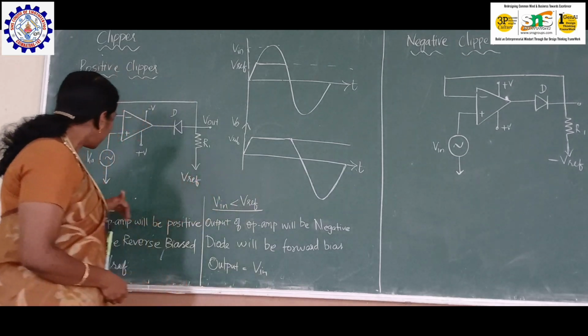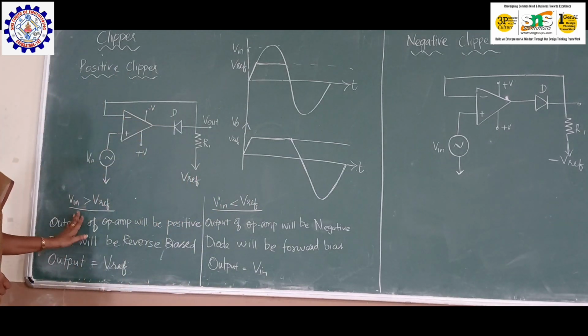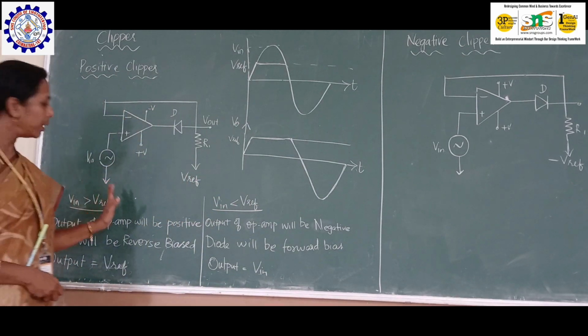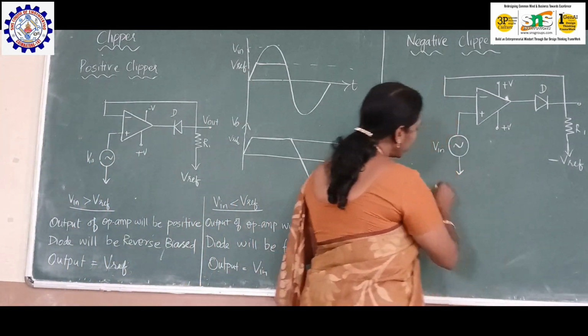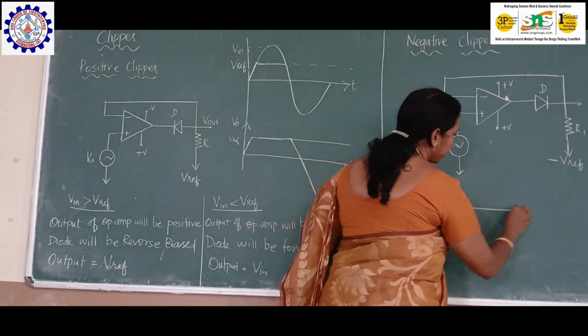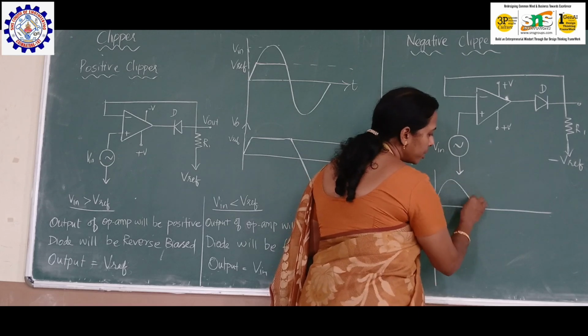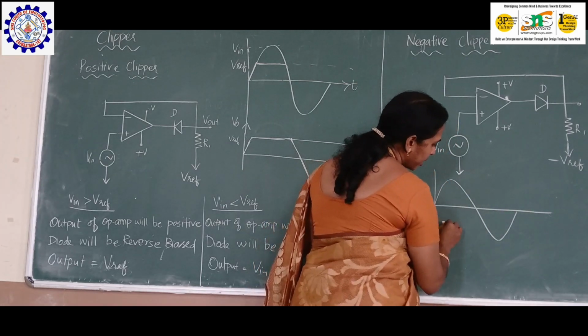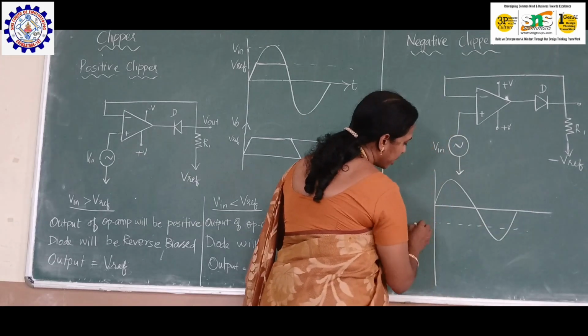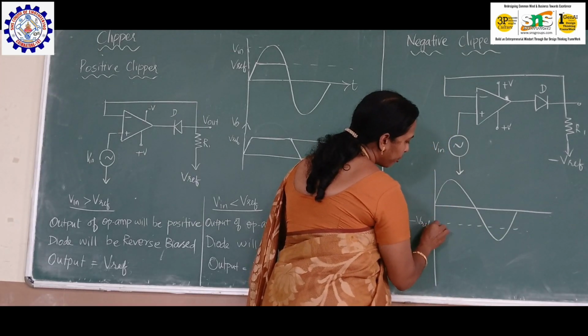Similarly, we can compare the same thing like this. When my V input is greater than minus V reference, here is how the signal looks. This is my input signal, and let us consider this as the reference, because the reference will be V reference, right?